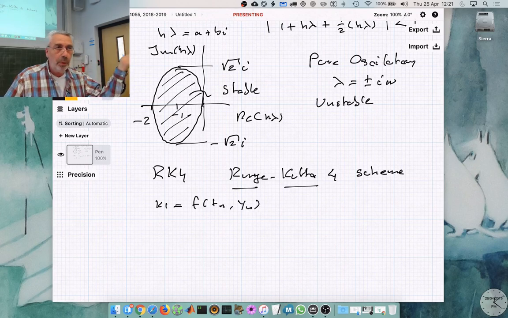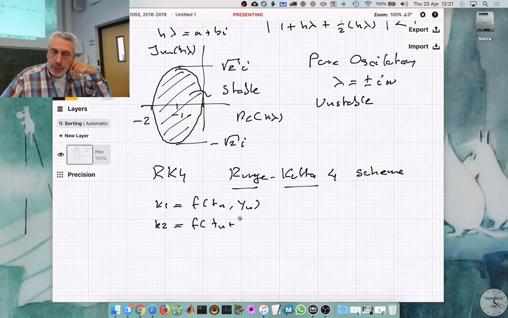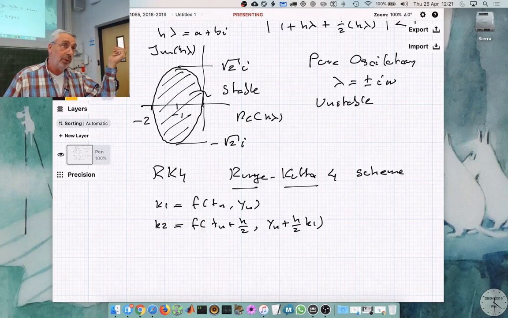Just simple, the thing we do also with Euler. But then the second derivative, what we do, is we do it halfway. So we say halfway, and what is the function value halfway? Well, we just take y_n plus h over 2 k1. That's an approximate of the value halfway.